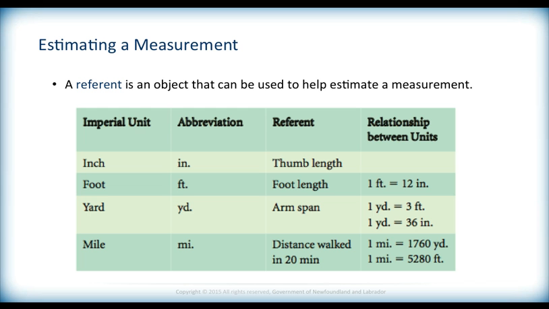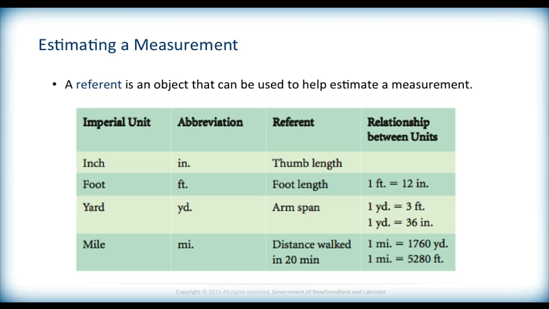A referent is an object that can be used to estimate a measurement. Each referent is an approximate measure for an imperial unit. As long as there has been trade going on between people, there has been a need for measuring devices. These units were standardized with relationships between the units, and as we can see, they are in the table below.